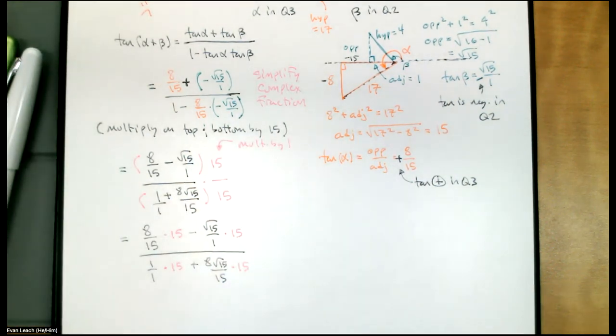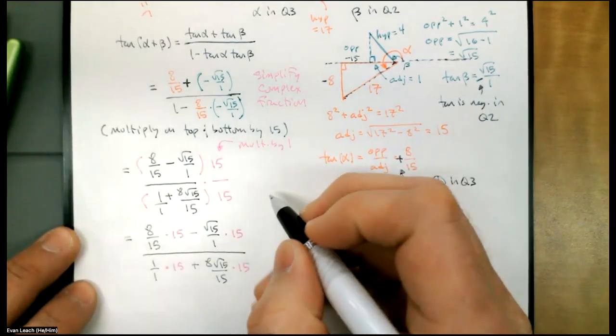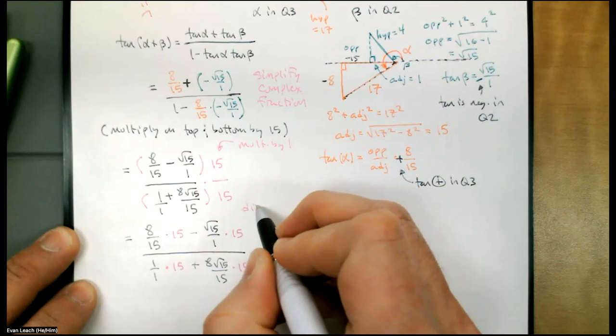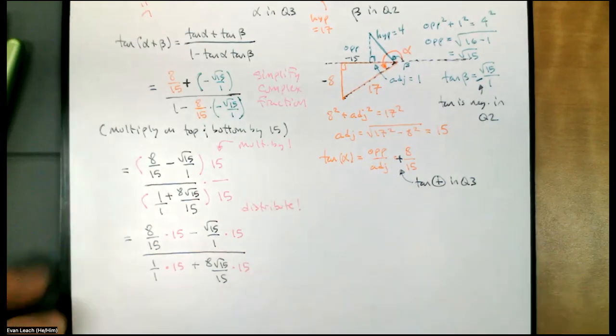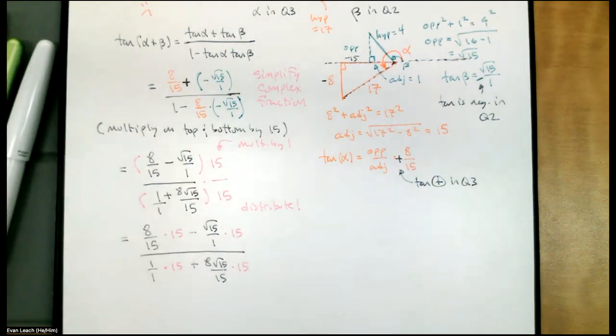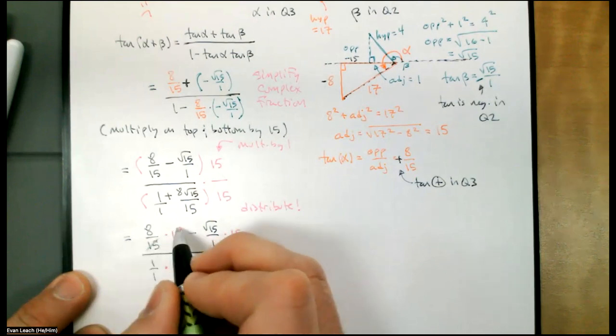So first we multiply by 1. Now we're doing the distributive property. Now the thing that we planned to happen happens. The reason we did this is to make this happen.